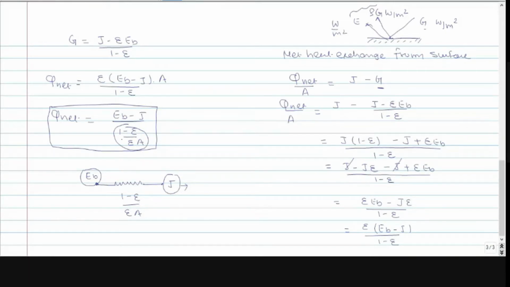And this term, 1 minus E upon E into A, is known as the resistance, and the rate of heat that flows over here is Q net. This is broadly known as the surface resistance.